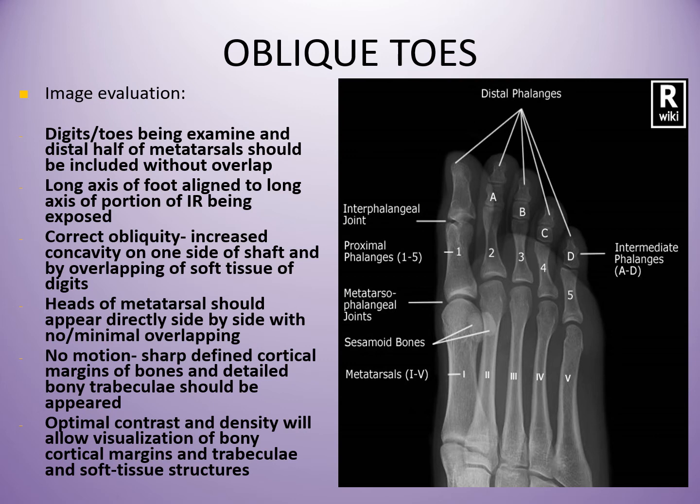Macam ni tahu dia oblique view. Heads of the metatarsals should appear directly side by side with no or minimum overlapping. Ni, tak ada overlap langsung juga. Okay. Then meaning ya, oblique toes to be applied.